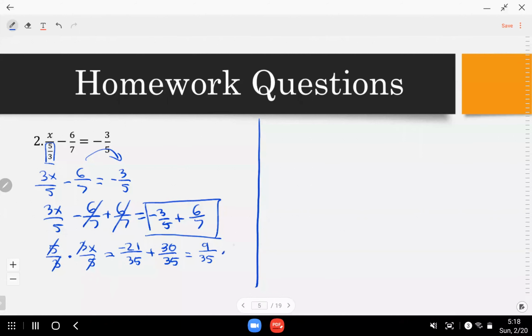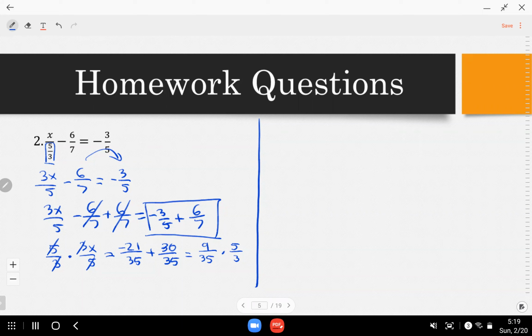But of course, we need to multiply this side too. If you don't understand why we're multiplying by 5/3, you would first multiply by 5 to get rid of the 5 denominator, and then you would divide by 3, right? So multiplying by 5/3 is doing it in one step.